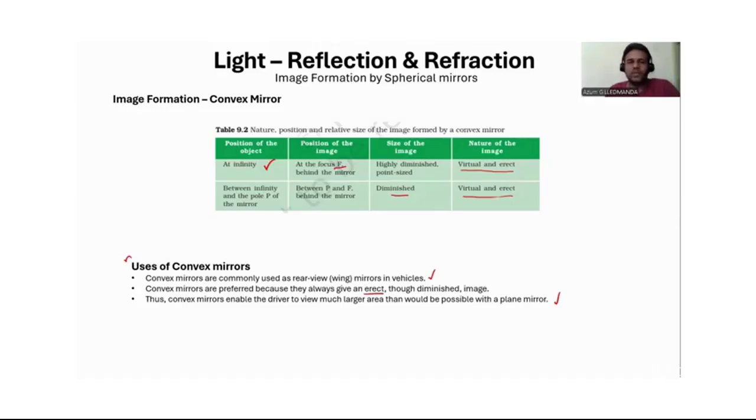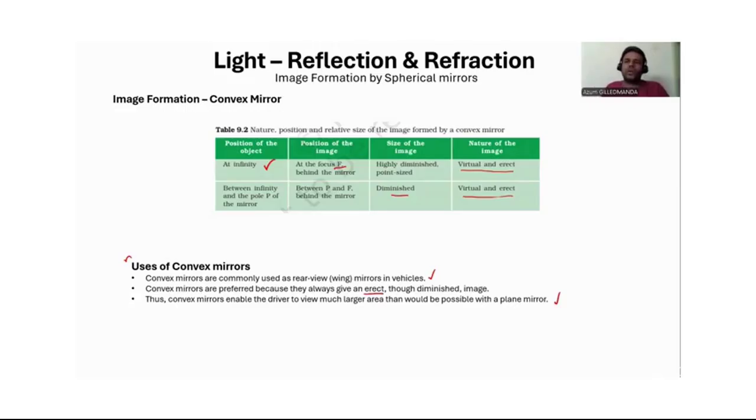The other use case is that it covers a larger area behind our car or vehicle and puts that into the mirror, more than plane mirrors. A plane mirror just covers a smaller area, and that is not going to be helpful because the image is seen exactly at the same distance as it actually is.